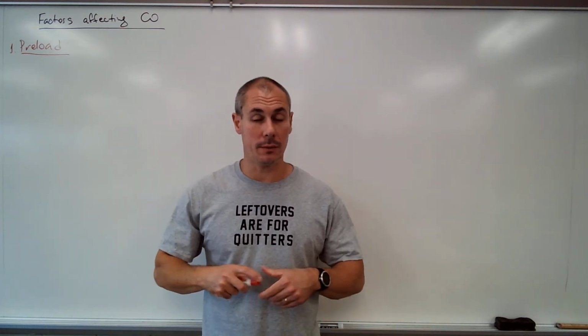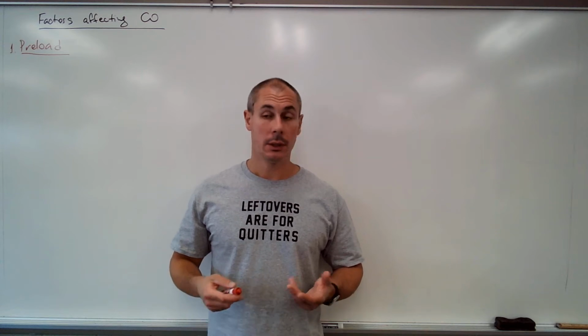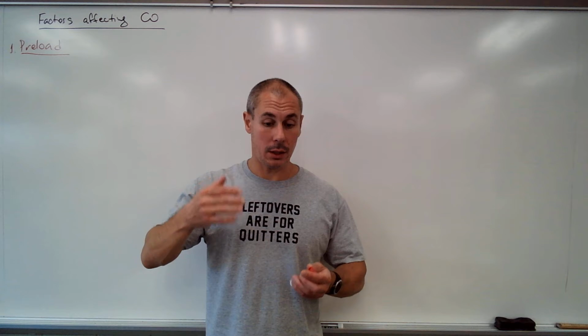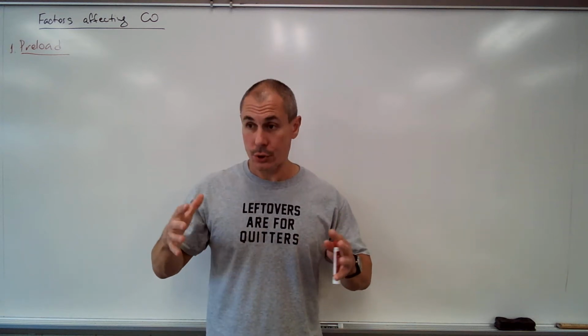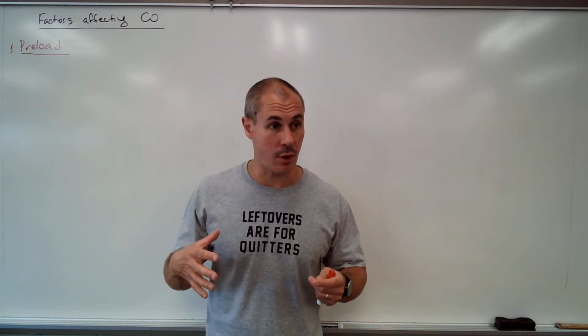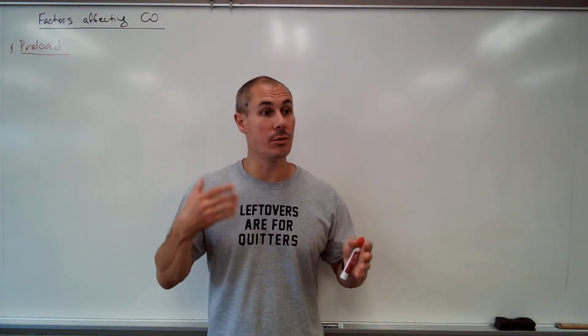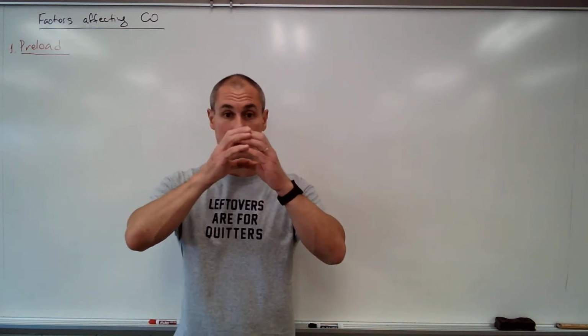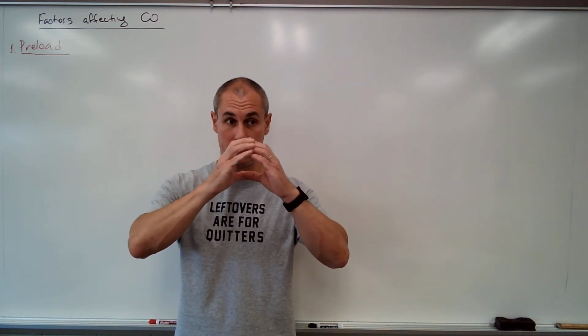So the feature of the cardiac muscle is that when it is more stretched, it produces more forceful contraction. Does that make sense? It's a unique feature of cardiac muscle. So basically, imagine that this is the heart. My hands represent the heart, right?